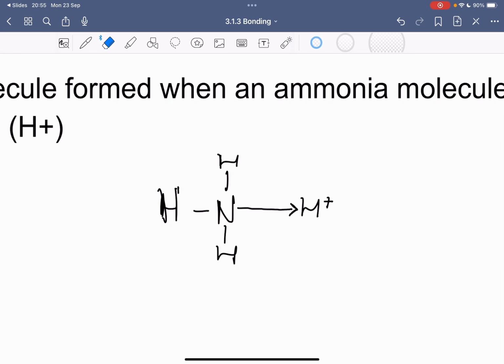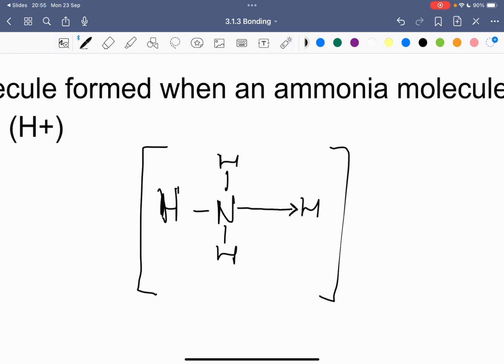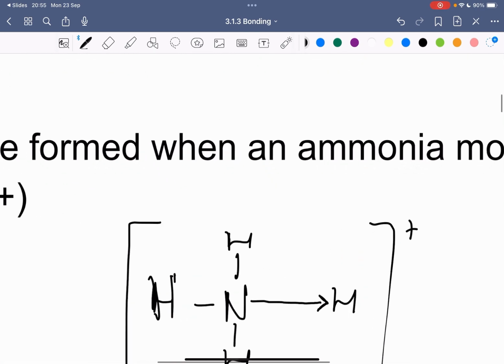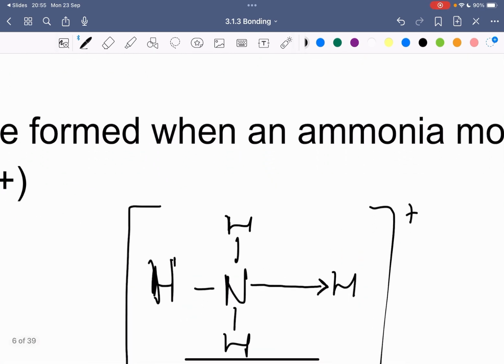Typically, we don't leave the charge on the hydrogen. We draw a box and put the charge like that, because now the whole molecule has a positive charge. So that's what a dative covalent bond is, and you just apply that same concept to any example of a dative covalent bond.